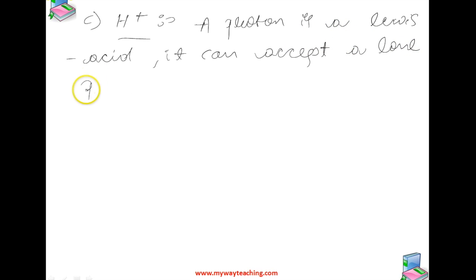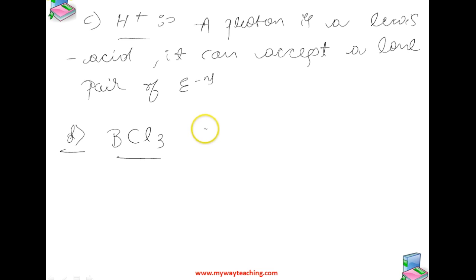Okay, next, third one, that is H plus. A proton is a Lewis acid as it can accept a lone pair of electrons from bases like hydroxyl ion and fluoride ion. Next, BCl3 acts as a Lewis acid as it can accept a lone pair of electrons from species like ammonia or amine molecules.